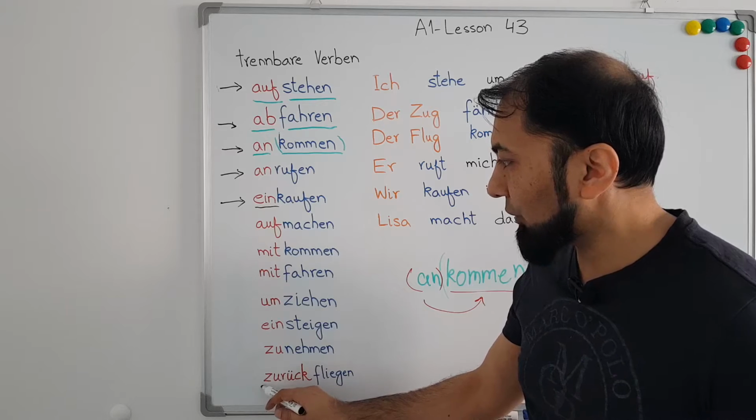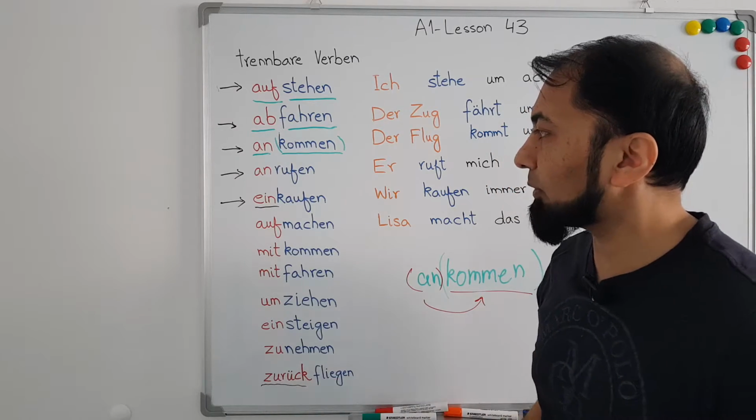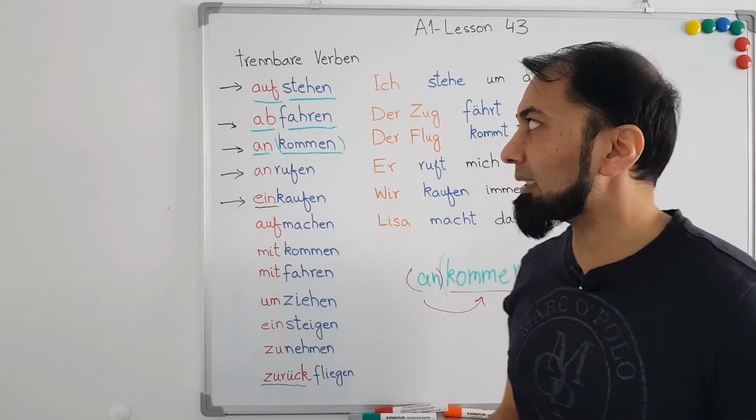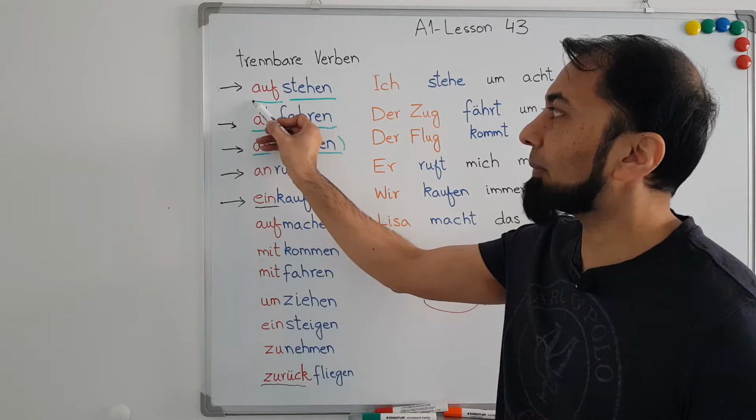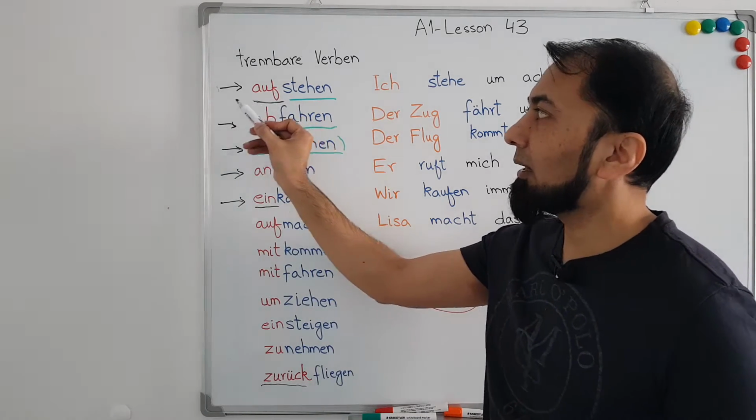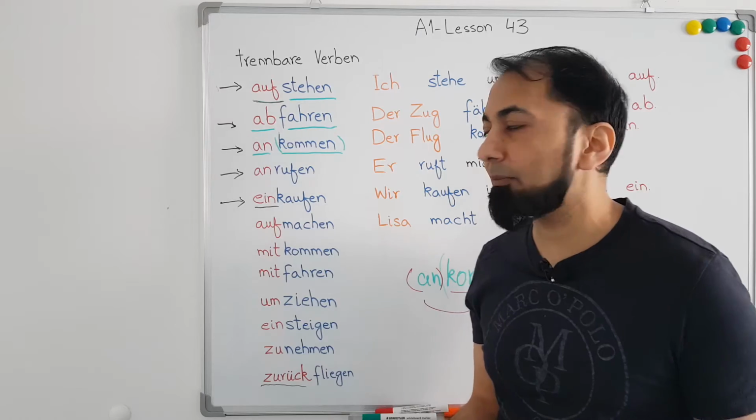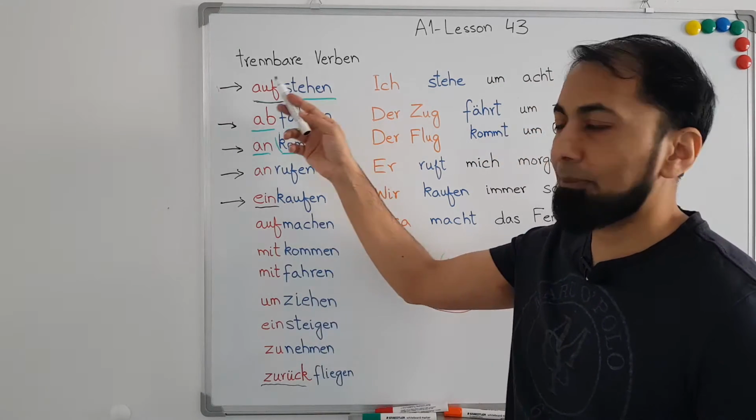Similarly, here we are using zurück, which is not a preposition. So it's not mandatory to have a preposition at the first position or as a prefix in the separable verb.